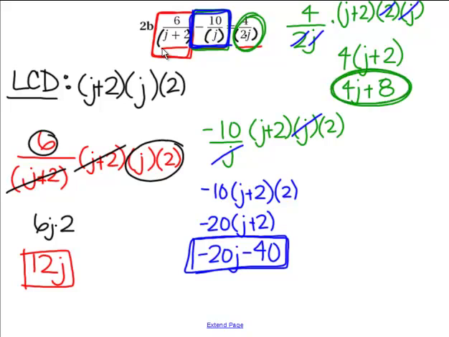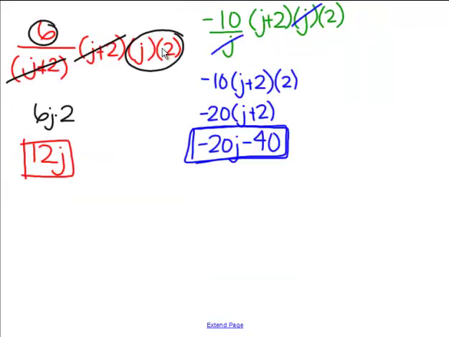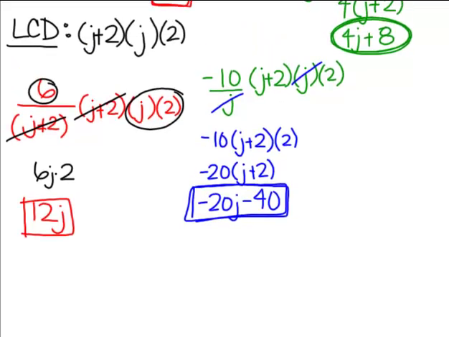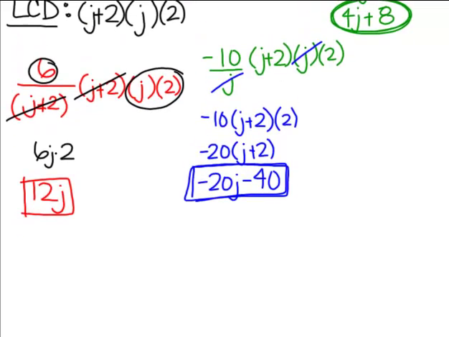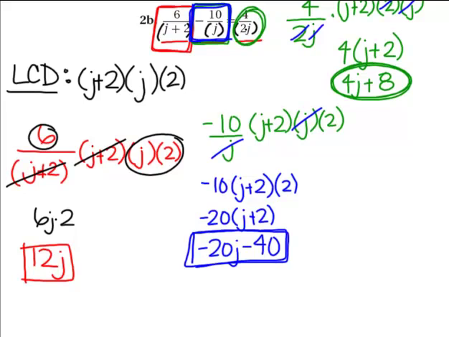So now let's think back to what we just did. We took our 3 fractions, multiplied them by the LCD, saw what crossed off, and changed it into an equivalent number. And remember, this only works if it's an equation. So now we need to take the 12j, the negative 20j minus 40, and the 4j plus 8, and set them back up in our equation like we have them.